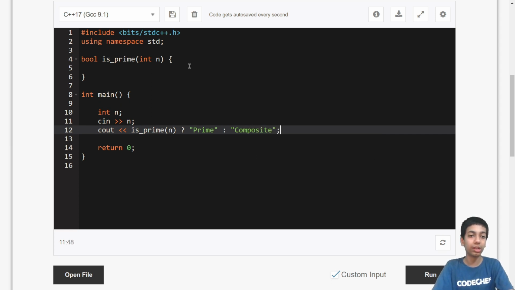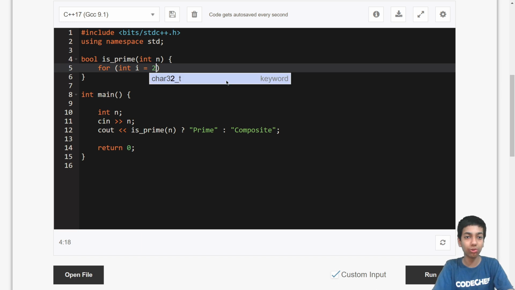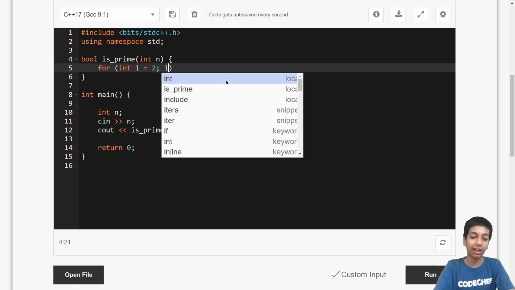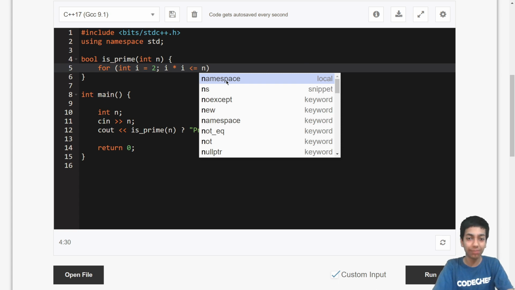Okay, so now let's start off with the loop. We loop from i equals 2 till i into i is less than or equal to n. Basically i goes till square root of n, but since in C++ we can write such explicit loops, this prevents the use of the square root function, which could sometimes yield wrong results.